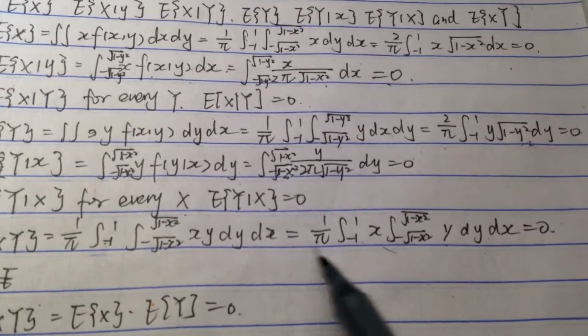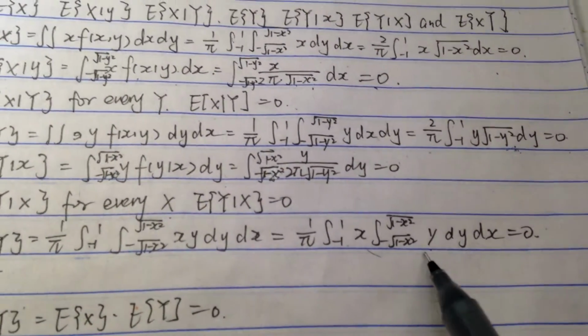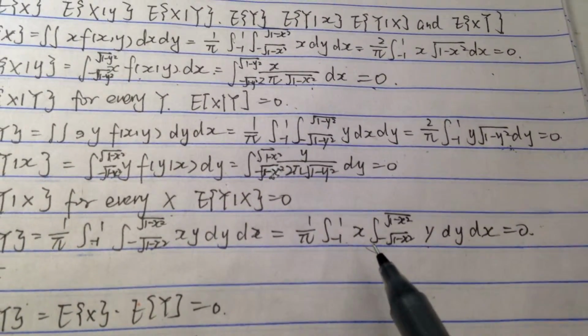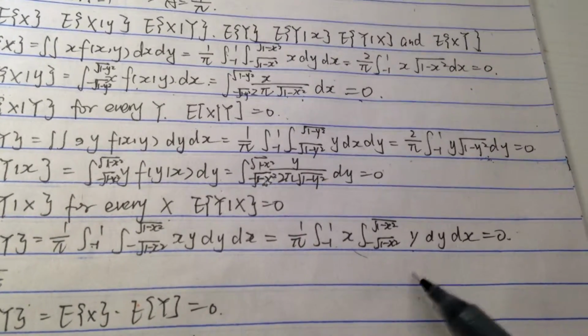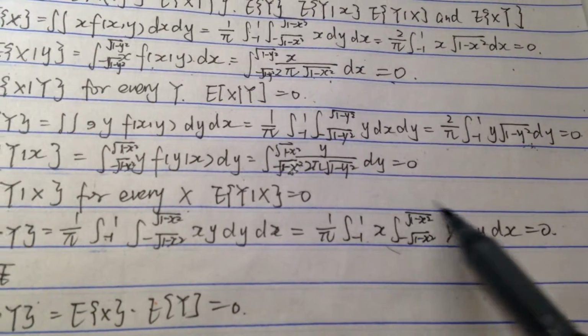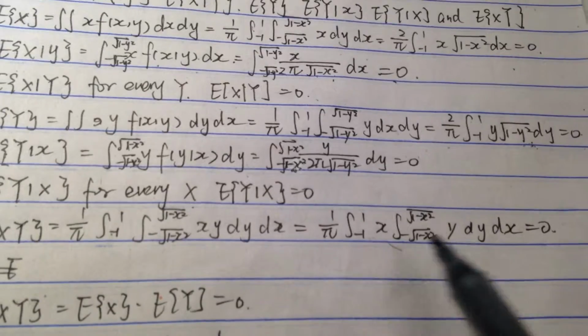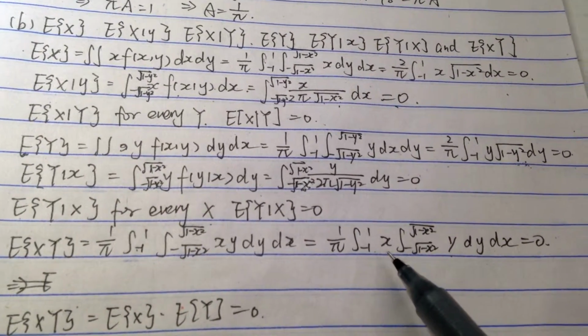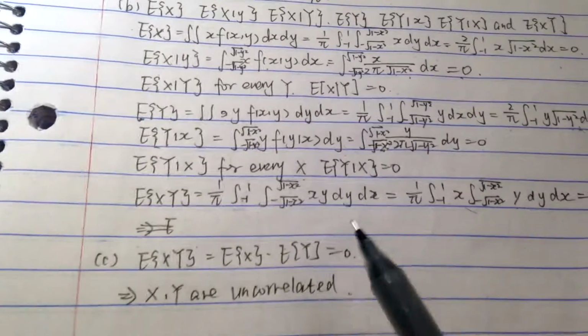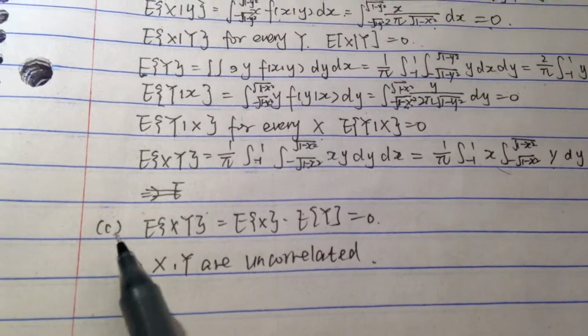So we get this formula, and y and x are all odd functions. So this part after calculation equals 0. So the answer of E[XY] equals 0.